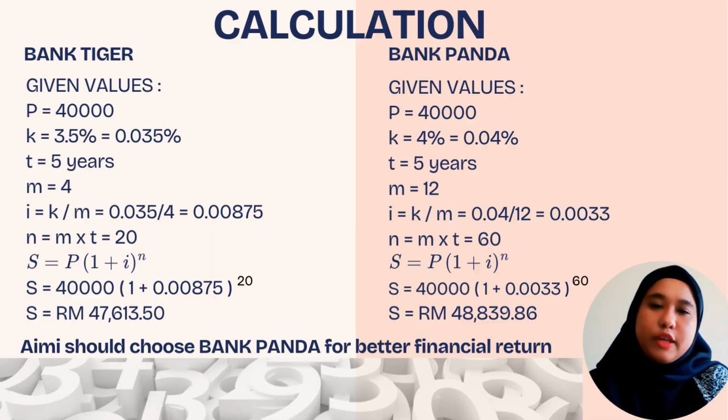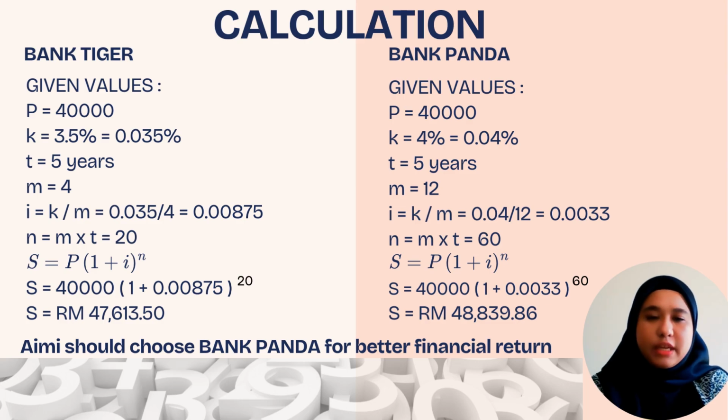Bank Panda, given value P equals 40,000, K equals 4%, T equals 5 years, M equals 12, i equals K over M equals 0.04 over 12 equals 0.0033, and n equals 60. Here's the formula that I use.